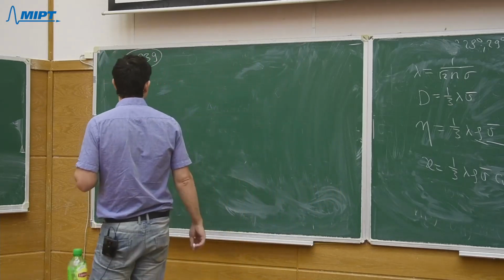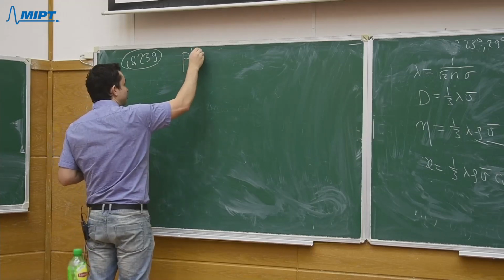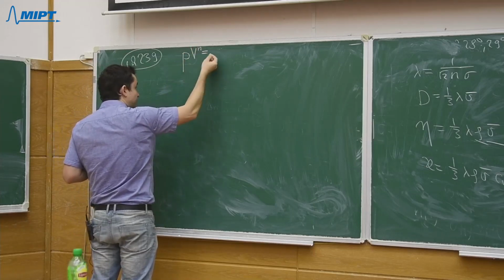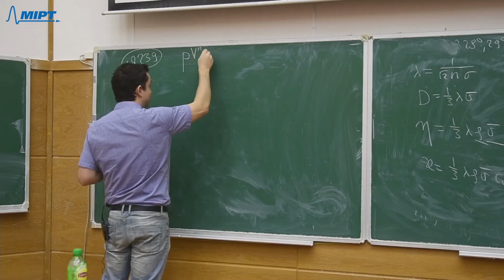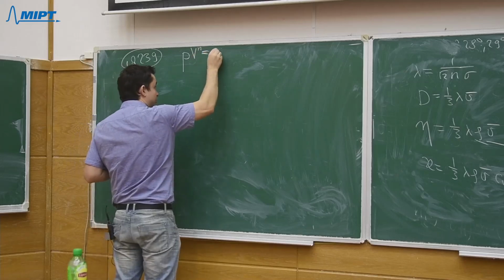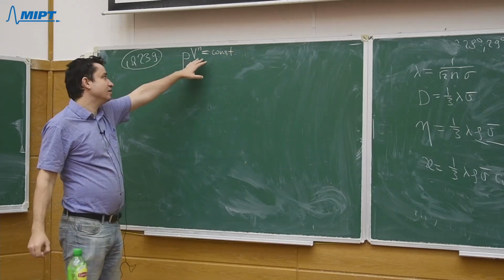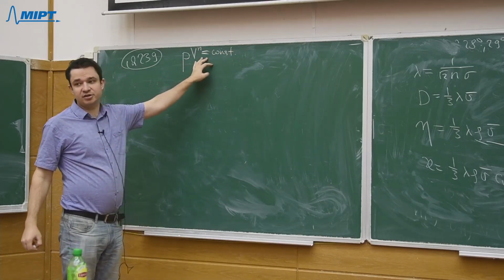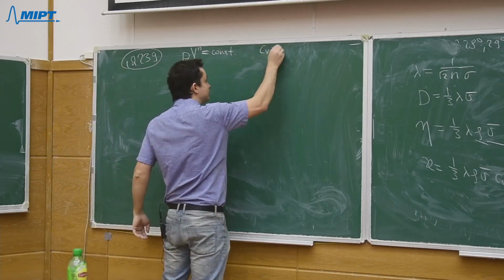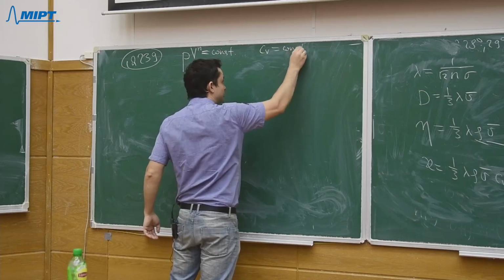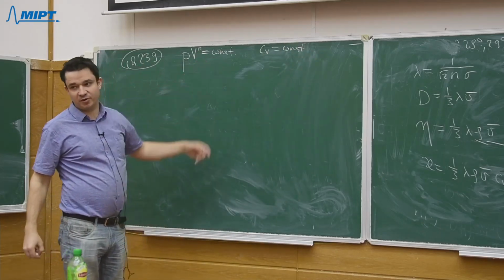And as we have derived for the ideal gas, the equation of this process is pressure times volume to some constant power n is constant. So if your ideal gas undergoes this process, and if for this gas you know that Cv is constant, it's also important, then this is a polytropic process.